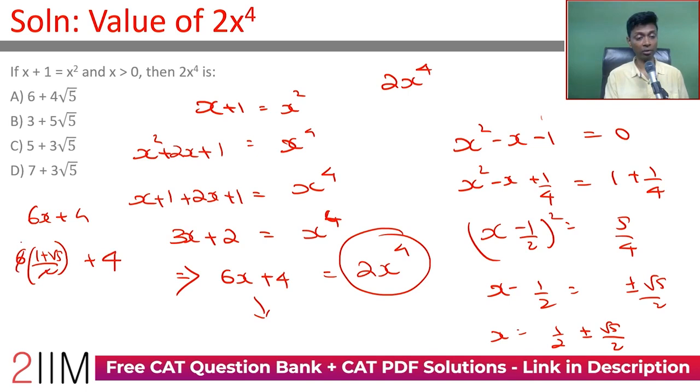So this is 3 times, so 3 plus 3 root 5 plus 4, or 7 plus 3 root 5, or 3 root 5 plus 7. There goes this answer. The key thing here is to somehow find x and then write x power 4 in terms of x. If you manage that, this becomes a far simpler question.